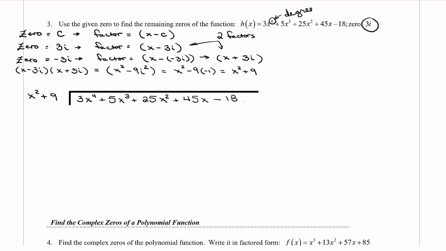There we go. Now we're ready to divide. Make sure that both of these polynomials are written first in descending order. It's going to make life a whole lot easier for you.